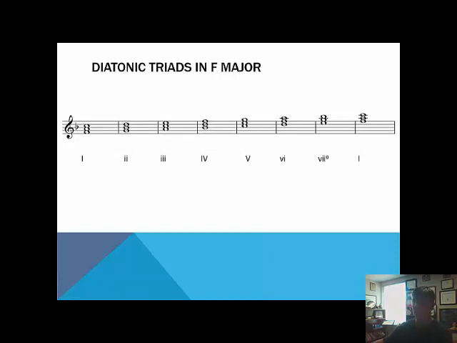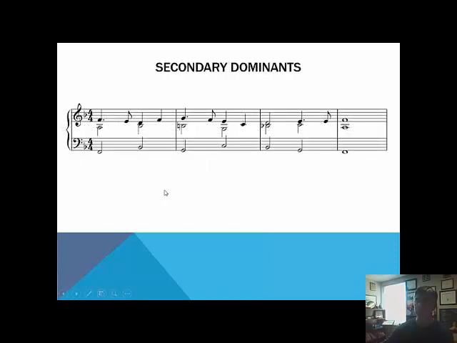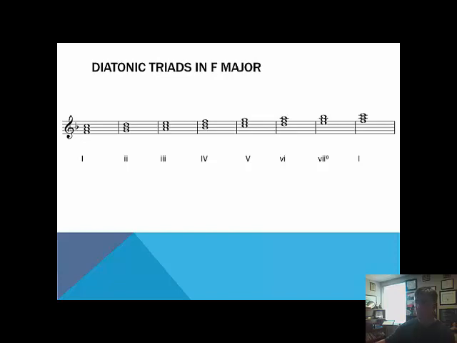So again, I would just remind you, in the key of F major, this piece has 1 flat, might be in F major, or D minor. In the key of F major, we've got a major 1, minor 2, minor 3, major 4, major 5, minor 6, diminished 7, and major 1.